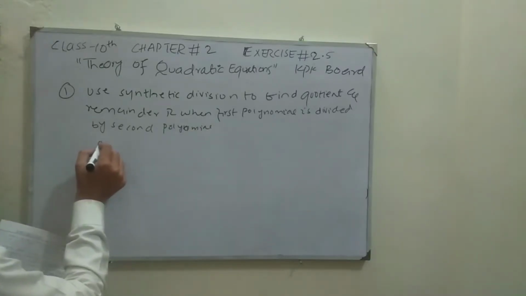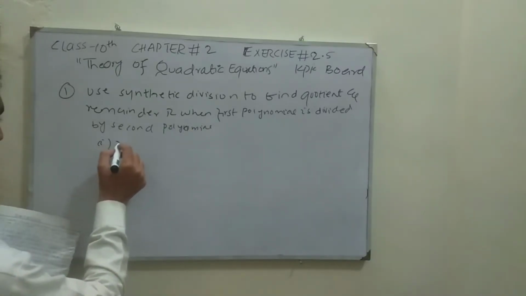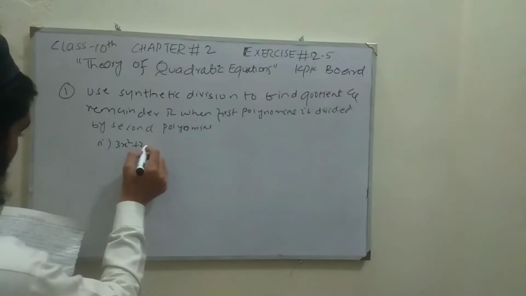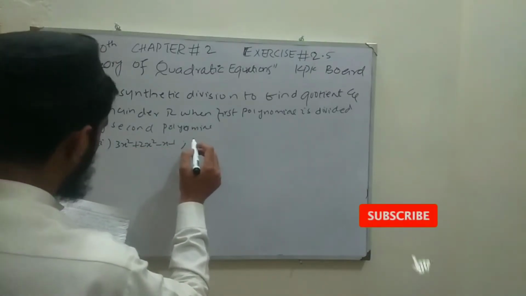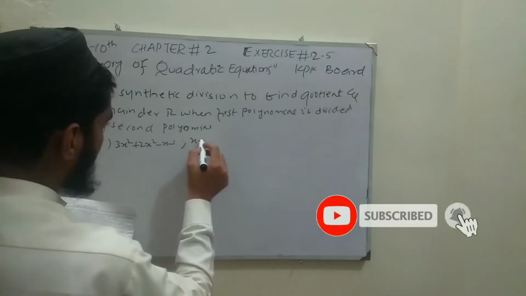First part is 3x cubed plus 2x squared minus x minus 1, when we divide this polynomial by x plus 3.